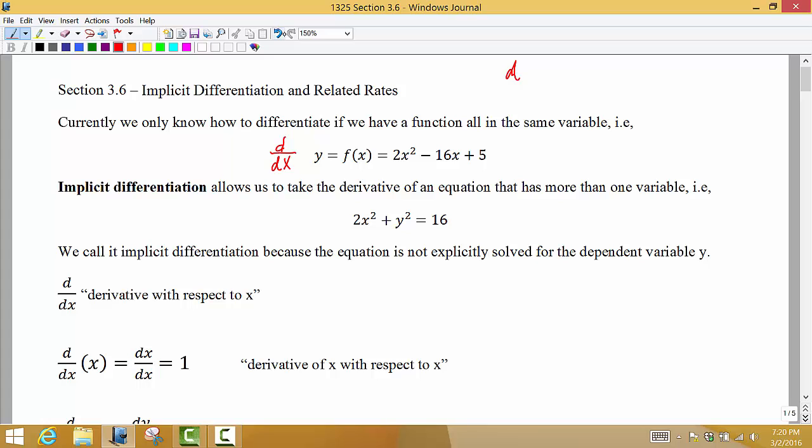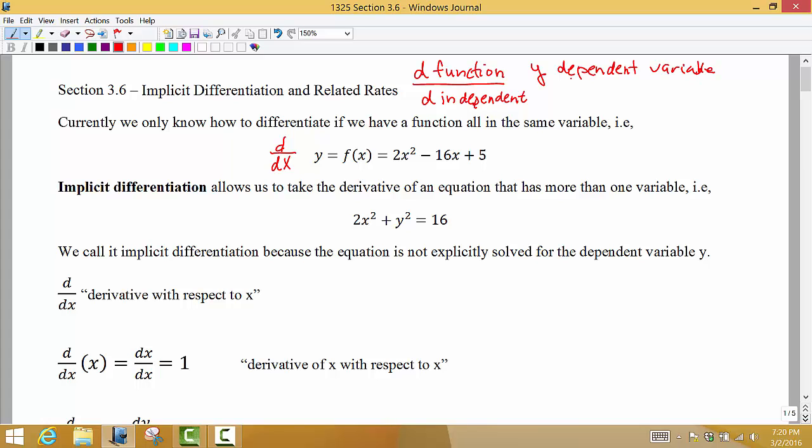So we want to differentiate a function, find the derivative of a function with respect to the change in the independent variable. We usually think about y as representing the function or the dependent variable.